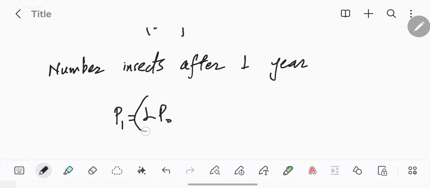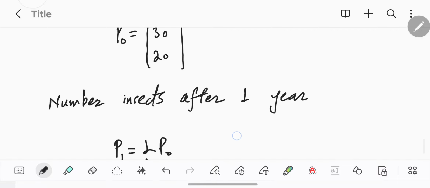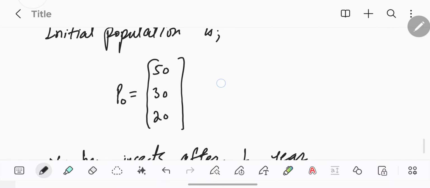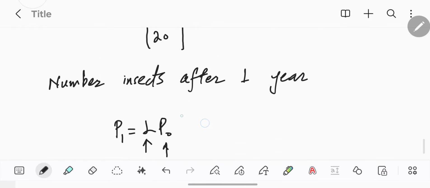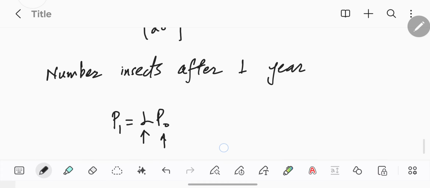If you multiply this Leslie matrix with the initial population by matrix multiplication, put the value of L here and the value of P0 here, and multiply both matrices, you will get P1. P1 will be the matrix containing the number of insects after the first year.